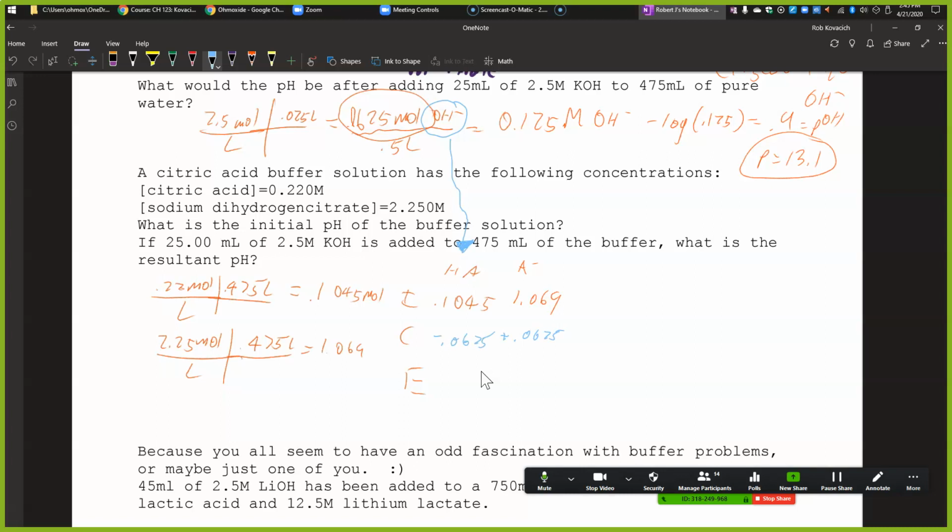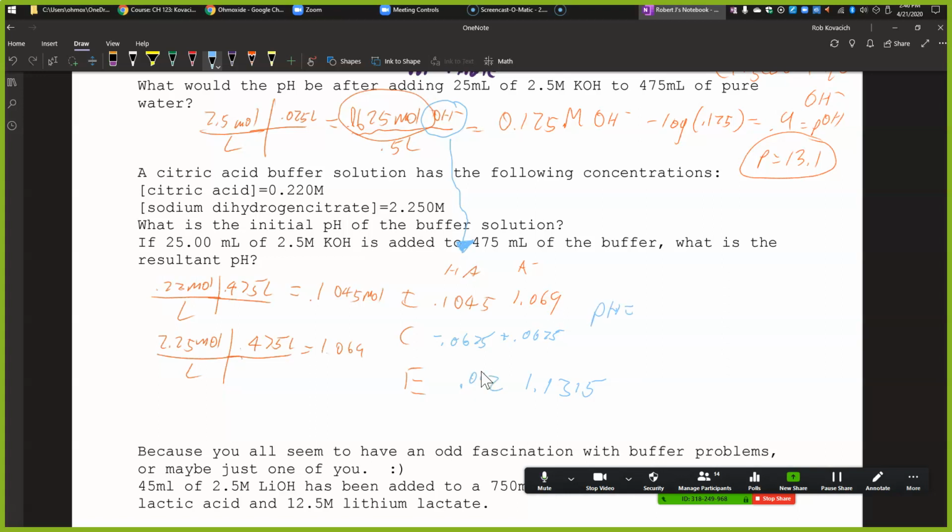Okay, so 1.069 plus 0.0625. So this becomes 1.1315, and then 0.1045 minus 0.0625. This one becomes 0.042.